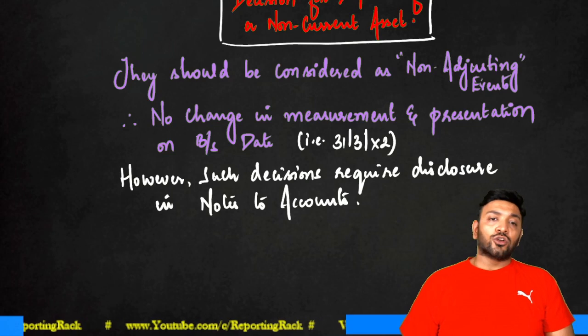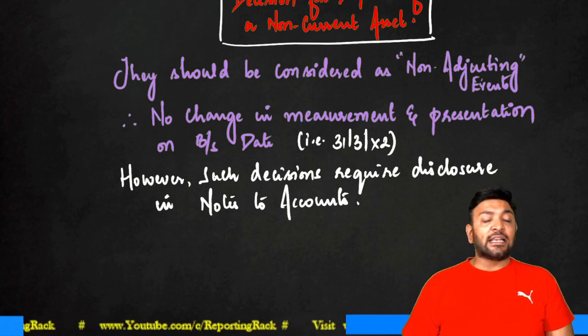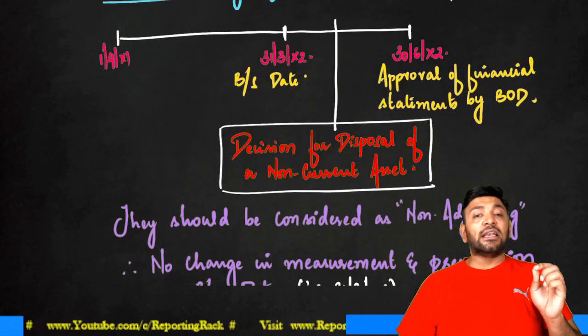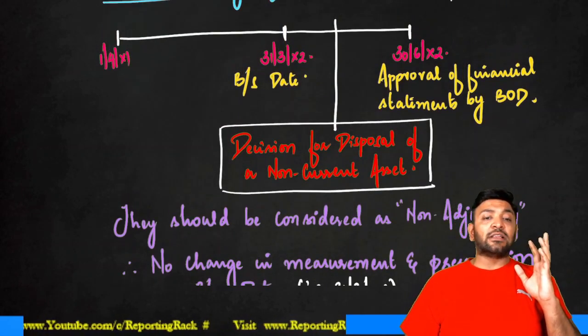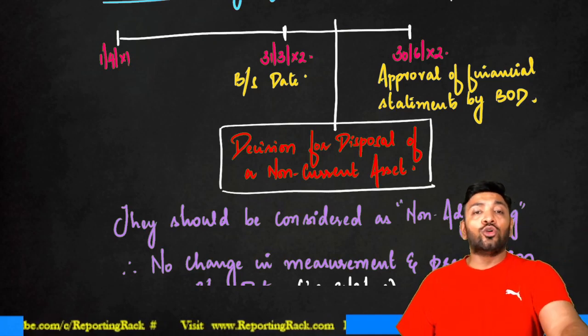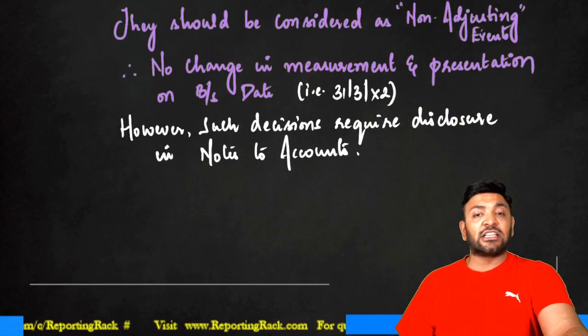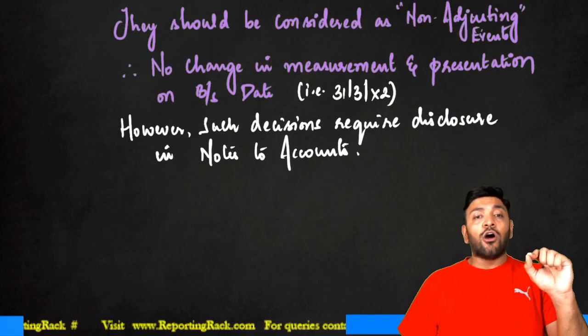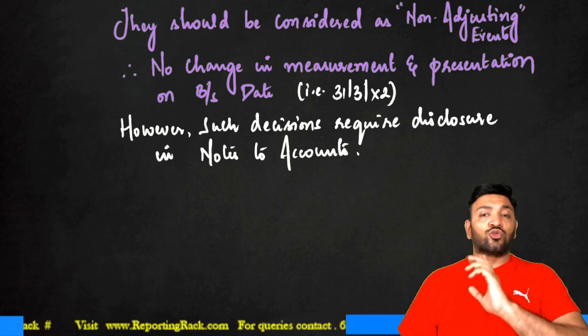Clear? So they should be considered as non-adjusting items. Since they have occurred after the balance sheet date, no condition was existing on the balance sheet date for these items. No change in measurement and recognition as on 31st March. Do not change whatever measurement and presentation that you have already done. However, it does require a disclosure of such decisions in your notes to accounts.